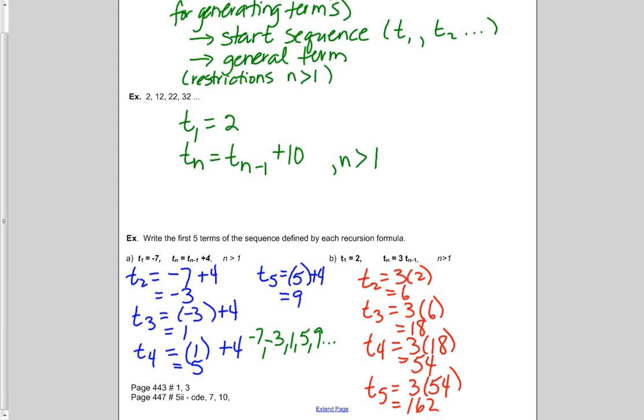To write it as a list, as we often do, it would be 2, 6, 18, 54, 162, and so on. I have some for you to try in your textbook, page 443 and 447.